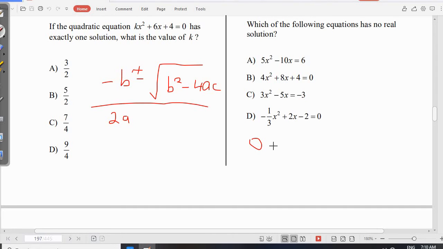Okay, so let's go play with that. If b squared minus 4ac should give you 0, let's try that. B squared minus 4ac equal to 0.